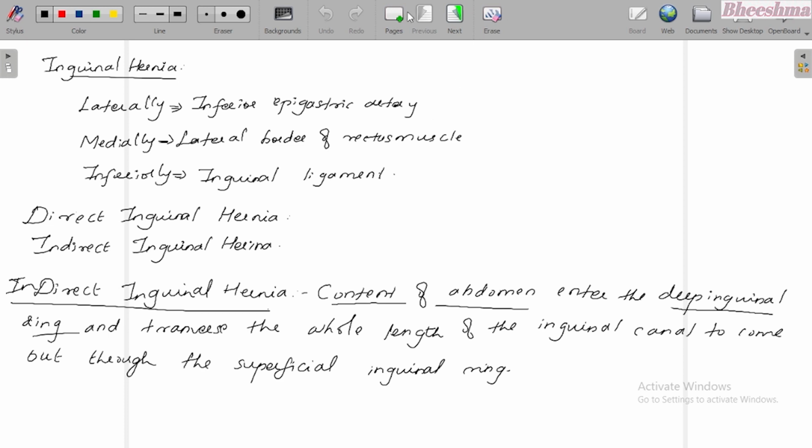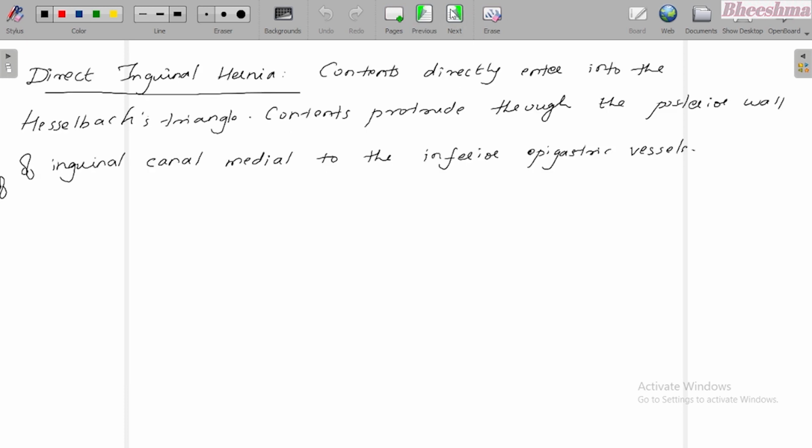Next, direct inguinal hernia: content directly enters Hesselbach's triangle. Contents protrude through the posterior wall of the inguinal canal, medial to the inferior epigastric vessel. The main clinical features.